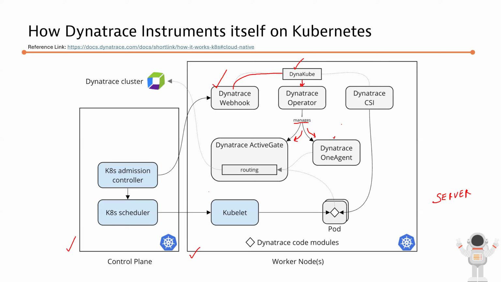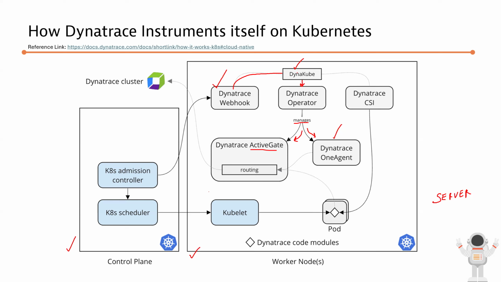We have already seen in the previous sessions what one agent is and what the activities of one agent are, so I'm not going to talk about that. There is a session that I'll be taking subsequently on the active gates particularly. But consider active gate as a proxy or a channel via which you route that data back to the Dynatrace cluster. So as of now, we'll not be getting into that.